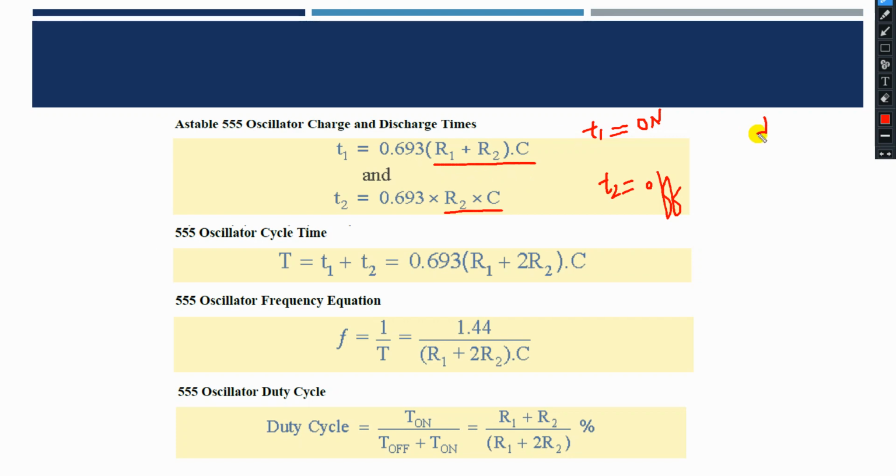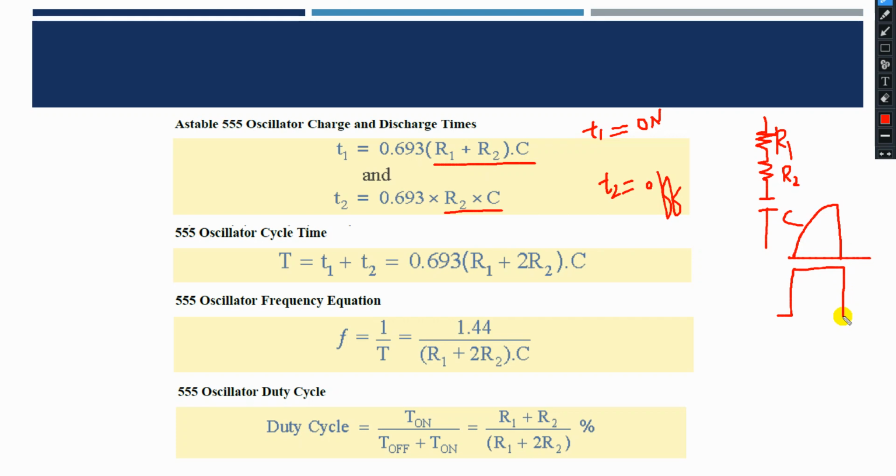The reason is we know R1, R2 and C give you charging. Until your capacitor charges to its peak value, 2/3 of VCC, your output remains high.